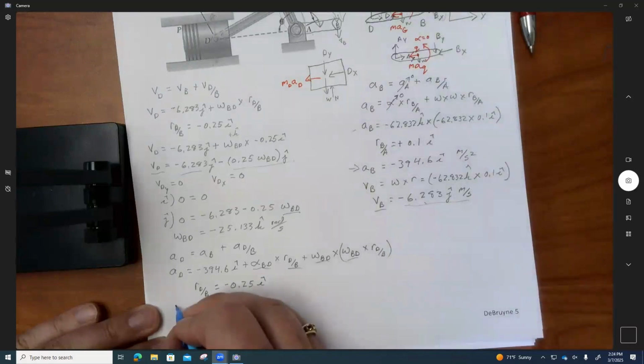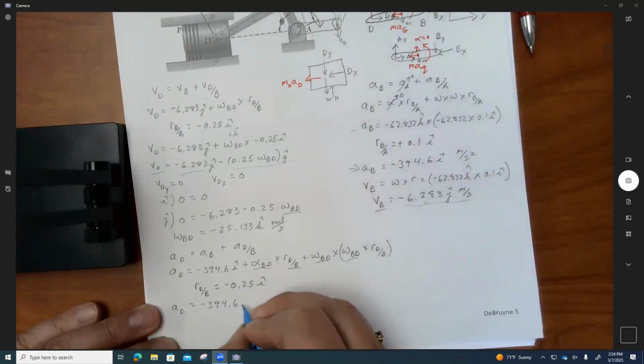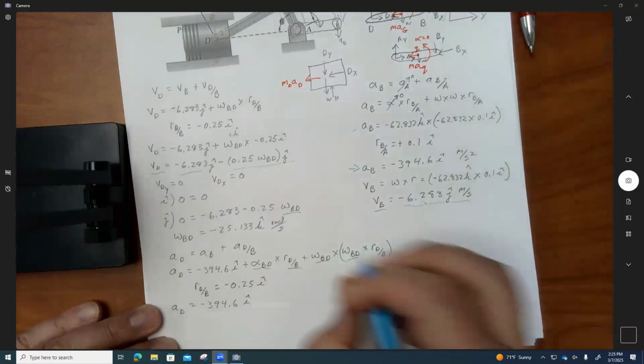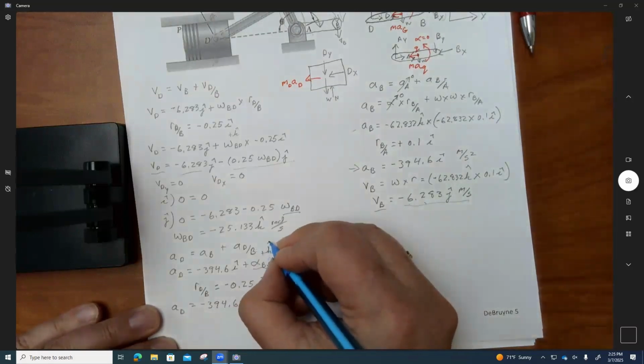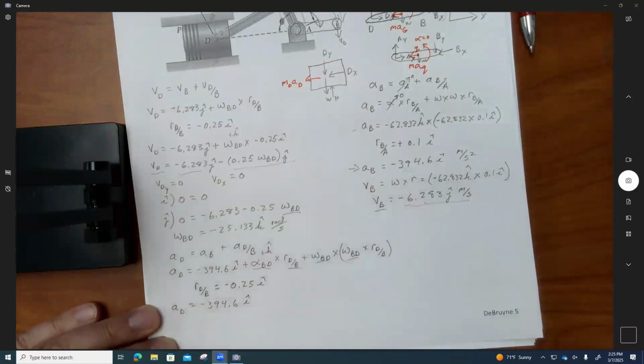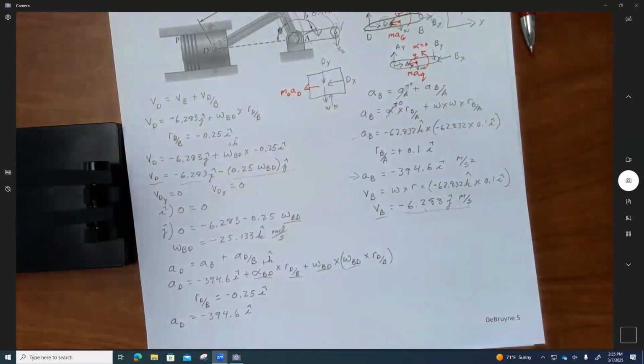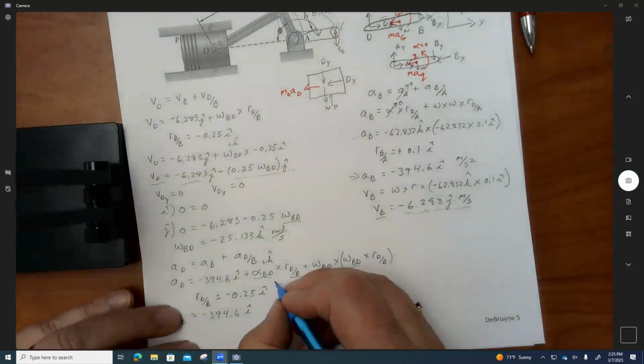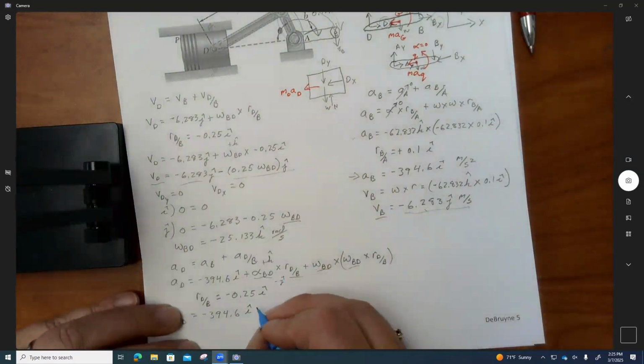And we're going to have acceleration of D is equal to minus 394.6 i. If I assume a plus k direction here, then I'm going to have plus k crossed with a minus i, and that is going to give me minus j.